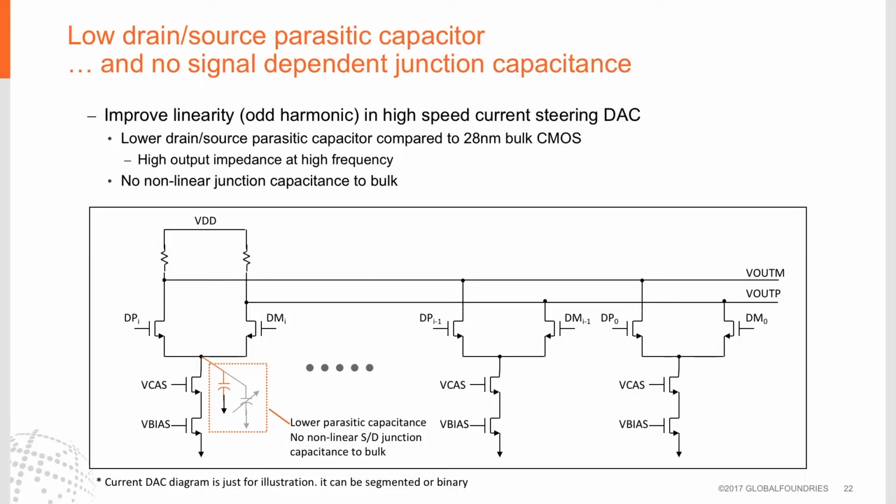Here we see the source capacitance of dP and dm on the left-hand side has been basically removed or minimized because we no longer have these reverse bias diodes. This improves the linearity of the device by removing this impedance to ground.